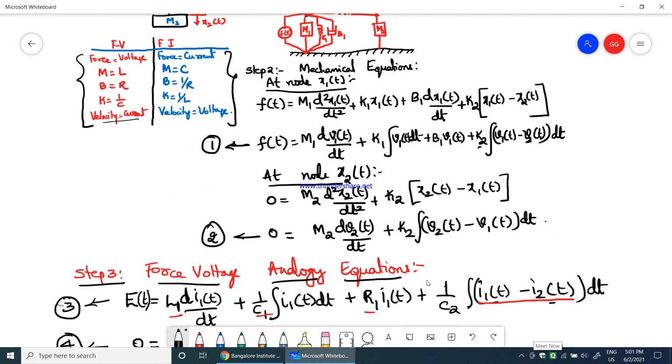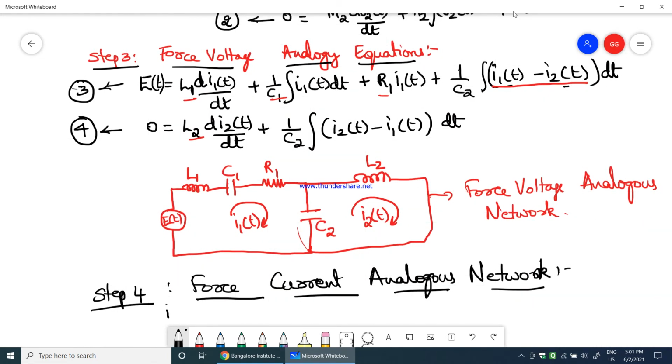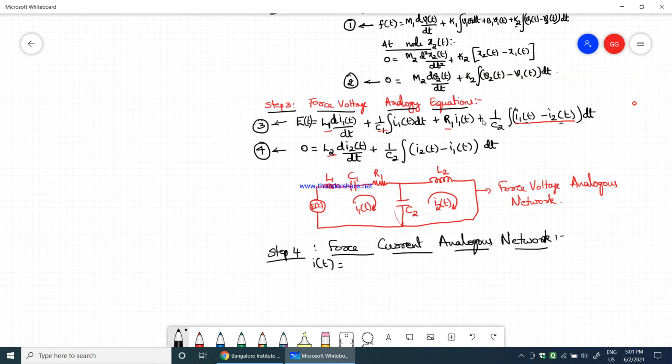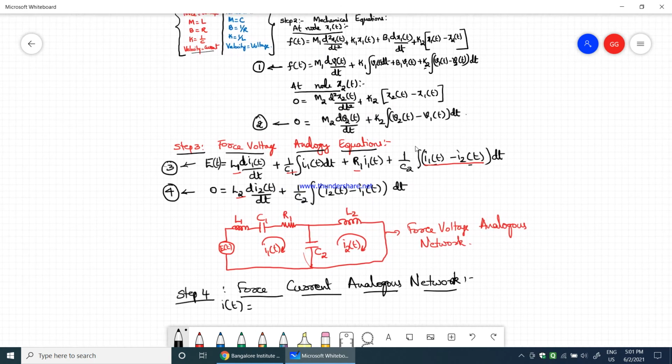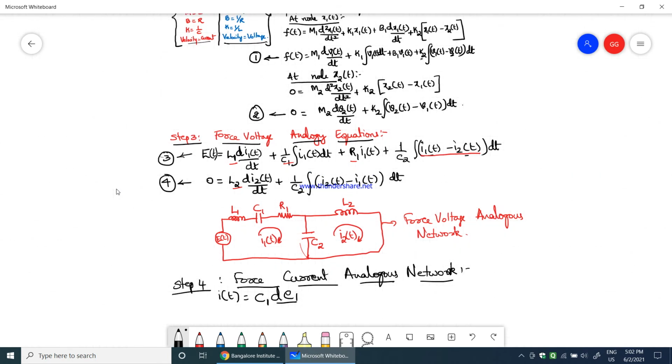So force is equal to current. Therefore current I of t equals, what is M1? M1 is nothing but C here. Therefore C1 into, the velocity is nothing but voltage, so I will say dE1 by dt. I will use E1 for voltage.